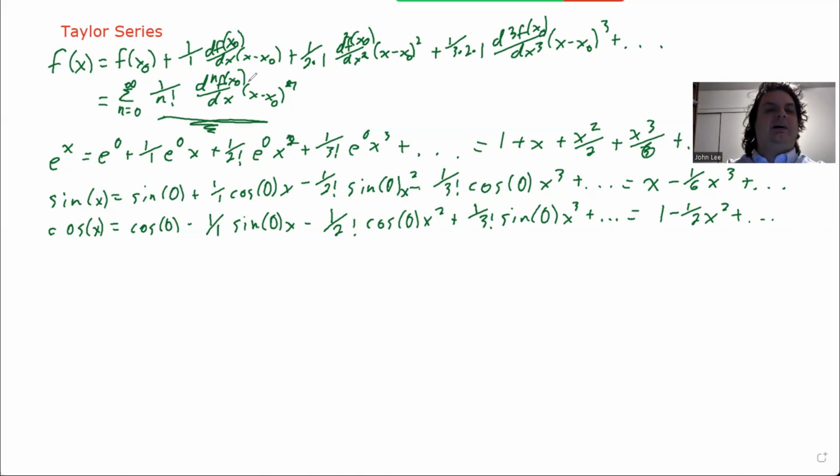The best justification that I can come up with for why Taylor series work is that if you take the derivative of a Taylor series, it just becomes the Taylor series of the derivative.